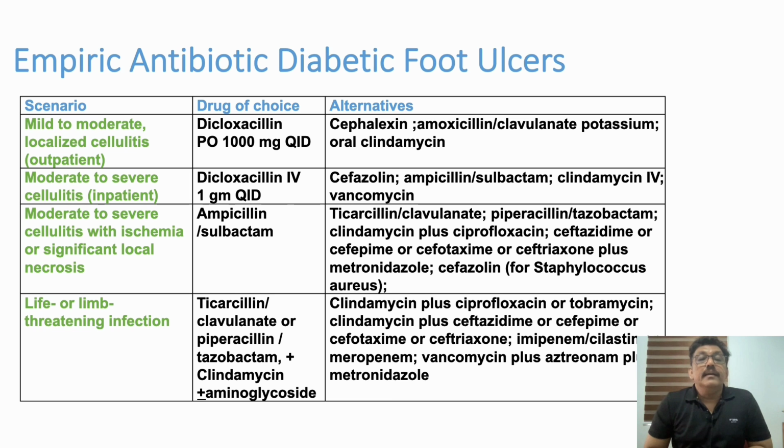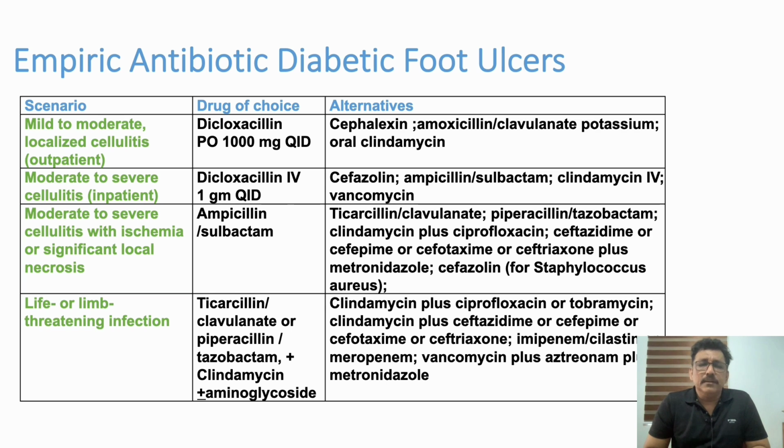Now, empirical antibiotic therapy in diabetic foot is also similar to what we discussed in the previous slides. If the patient is having an acute infection, always think about gram positive infection. Flucloxacillin will be a very useful therapy in the acute phase.